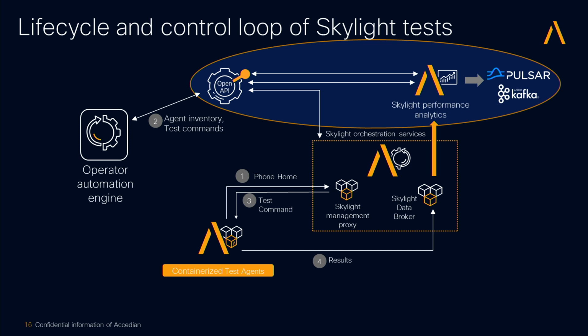So then once the test has been executed, or if you have tests that are continuous, running 24/7 for SLA type monitoring and thresholding, the data gets into the Skylight Analytics platform. And it's all microservice based, and it's all deployable as needed, right?